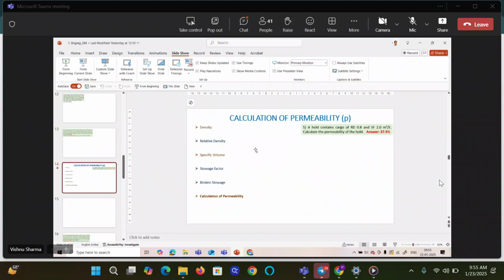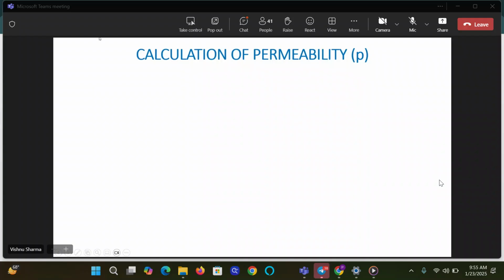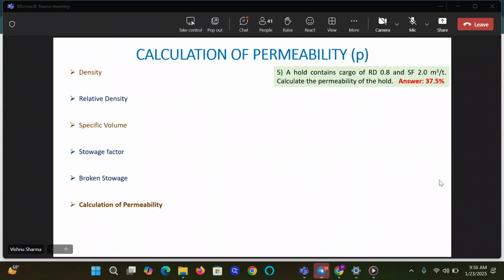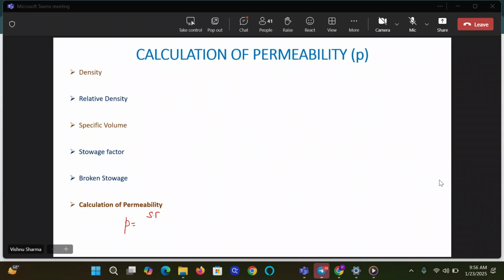Whatever is coming here, I have already explained. Every term I have explained to you: density, relative density, specific volume, stowage factor, and broken stowage. And then we said calculation of permeability. Permeability is equal to stowage factor minus 1 upon density, divided by stowage factor, into 100.